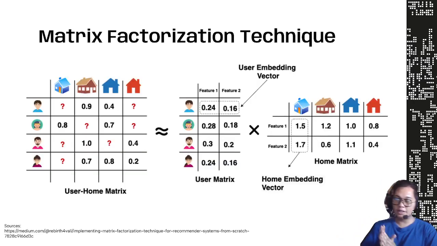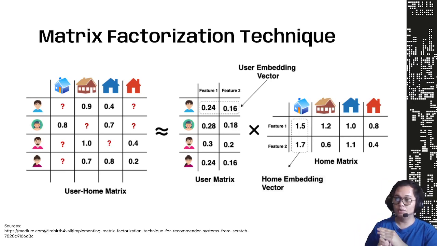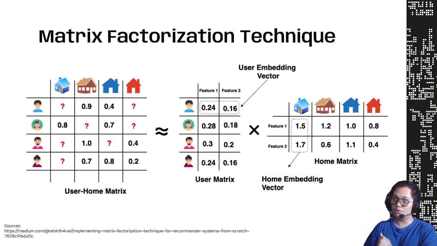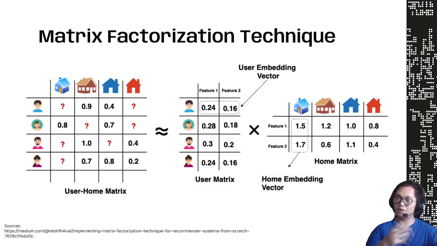All right, let's go back again. What is matrix factorization? Well, what we're going to see here is that we have two factors. The first one is the user matrix, or in our case here, the talent matrix, or the tech talent that we want to recommend to HR.